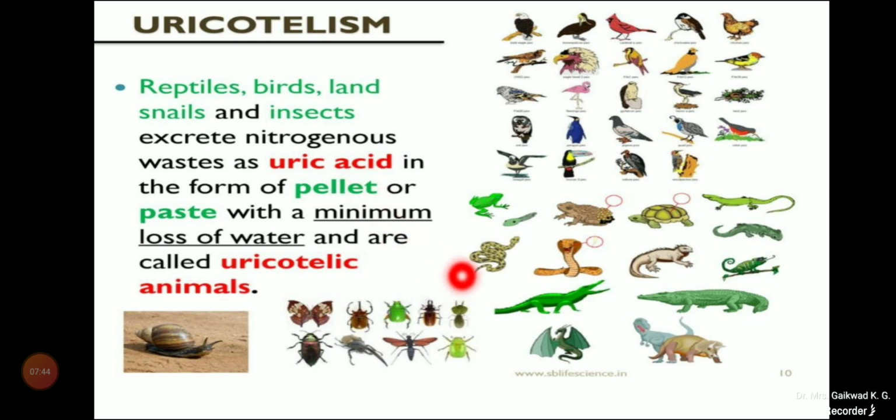If you observe the excreta of reptiles like Hemidactylus, the wall lizard that is usually found in our home, along with its blackish feces we often see a whitish structure adhered to it.